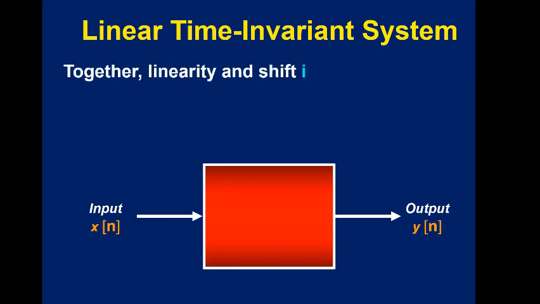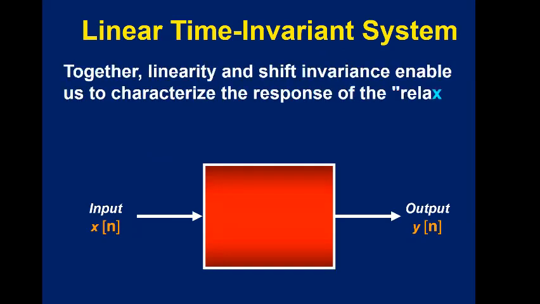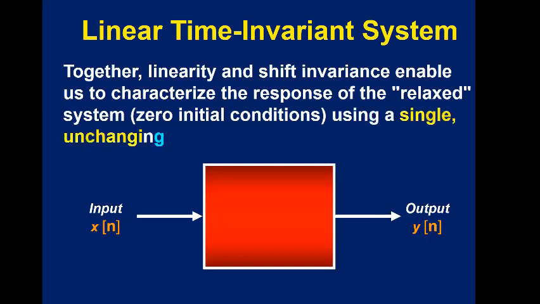Okay, so again, together, linearity and shift invariance, those were two keys. They give rise to our having an LTI system. And if we do, a nice characteristic of that is that beyond the difference equation, there's another function that we can use to describe the dynamic behavior of the system that gives us all the information we need in order to do system analysis, in order to predict what the output is going to be for a given input.